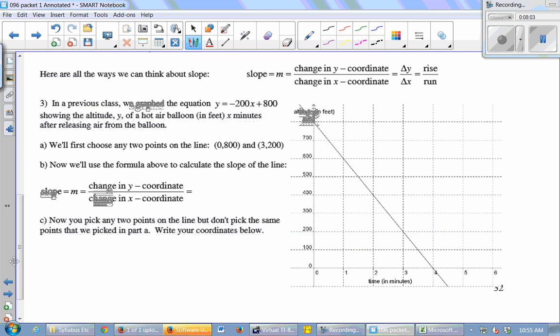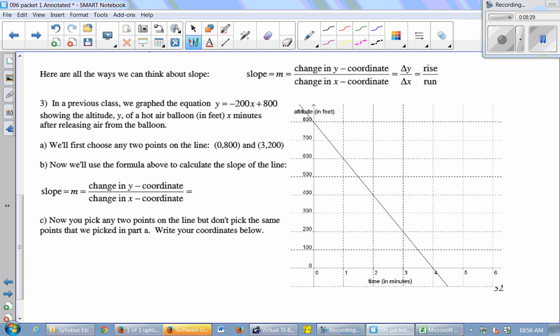All right. So let's do an example, to give this some concreteness. In a previous class, we graphed this equation, y equals negative 200x plus 800, and it showed the altitude y of a hot air balloon measured in feet, x minutes after releasing air from the balloon. And we talked about it in one of the activities.